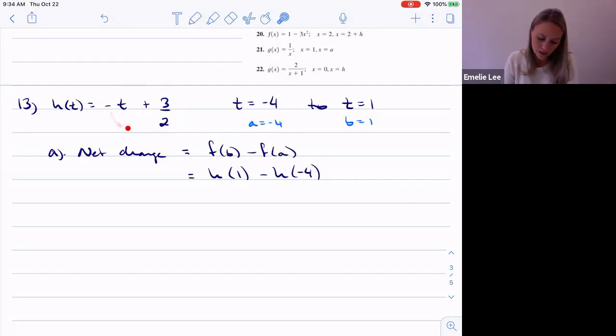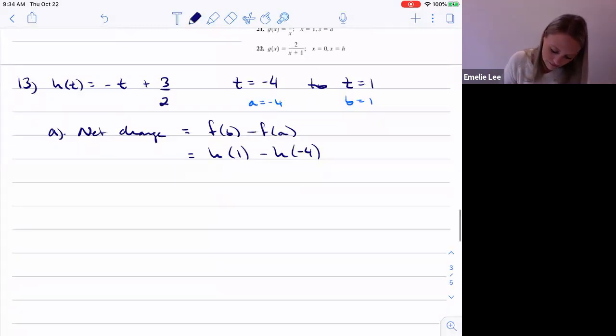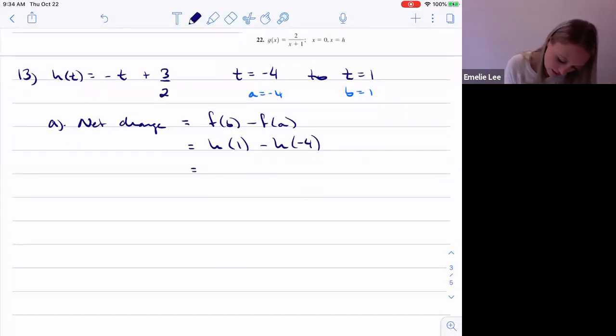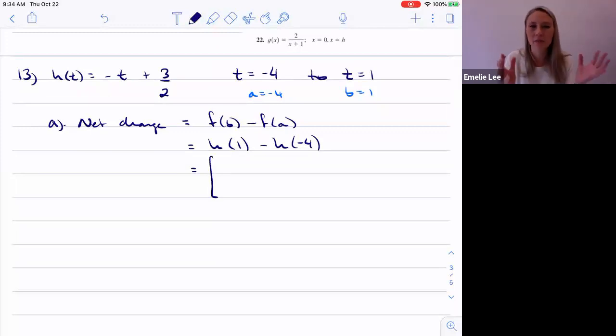So we want to keep these things separate, and in fact, if you find it easier to evaluate h of 1 and h of negative 4 separately and then put them together, that's totally fine. I'm going to keep them separate by big brackets, but I am going to keep them together as a net change.